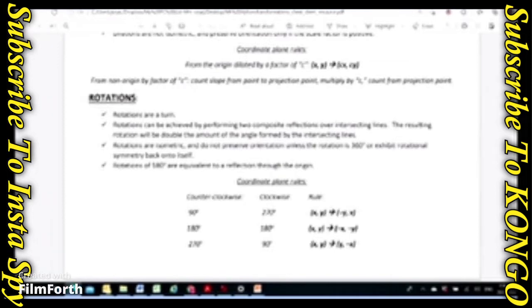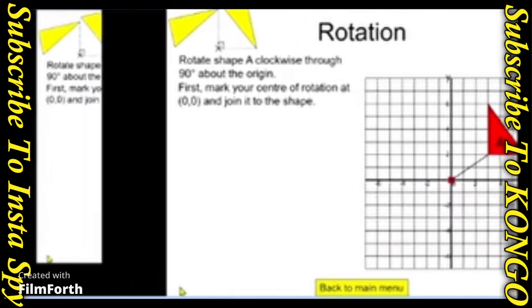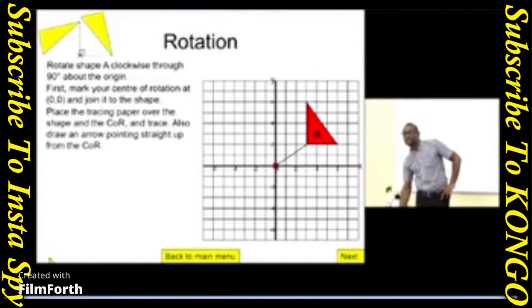We're going to go back to the question. I said, clockwise rotation of 90 degrees about the origin. So the center of rotation is 0, 0. After using the formula, what would we get?